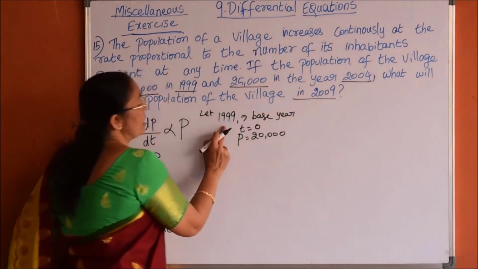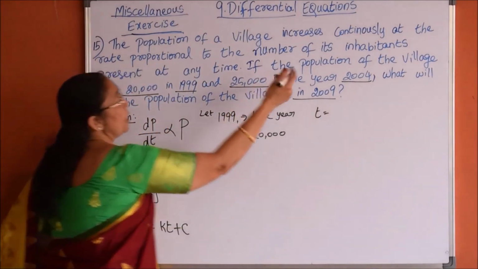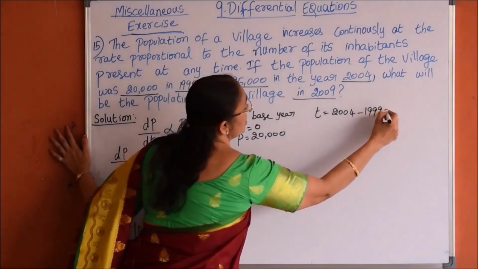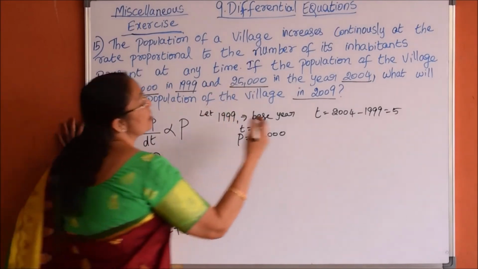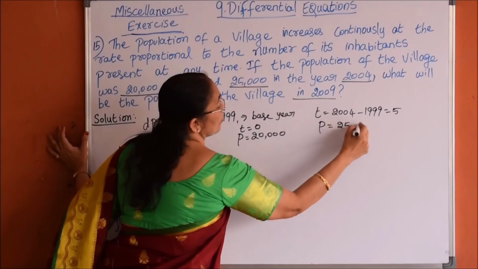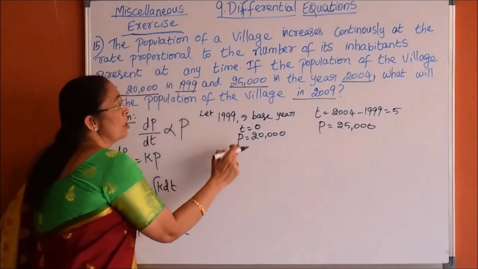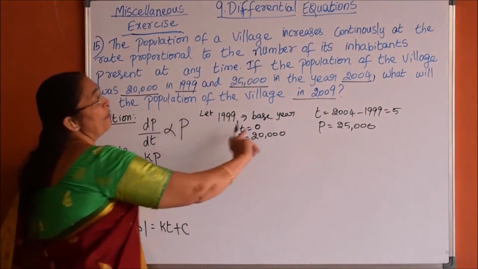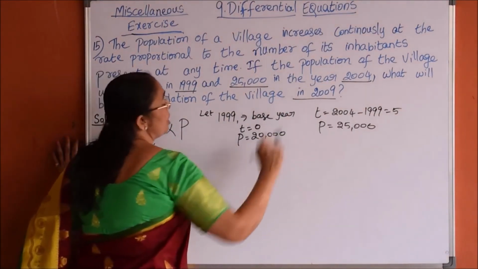Since we considered 1999 as the base year, our t value for 2004 is 2004 minus 1999, that is 5 years. So, when t is equal to 5, that is after 5 years, the population increased to 25,000. That is the meaning of this statement. In the beginning the population is 20,000, and after 5 years the population increased to 25,000.